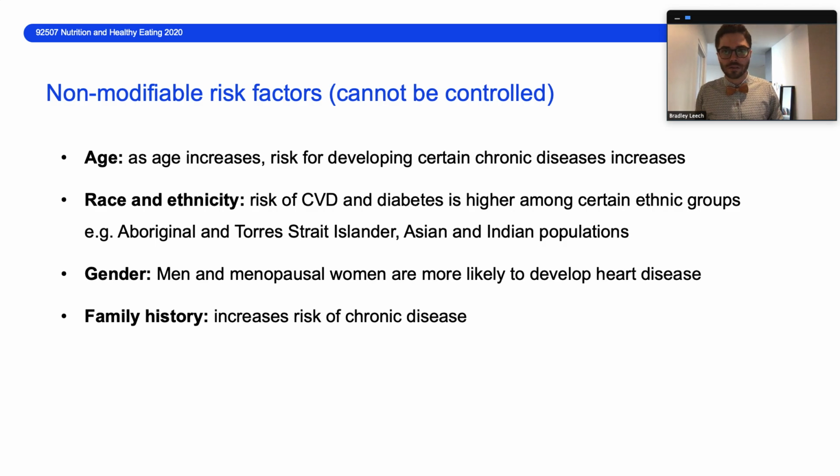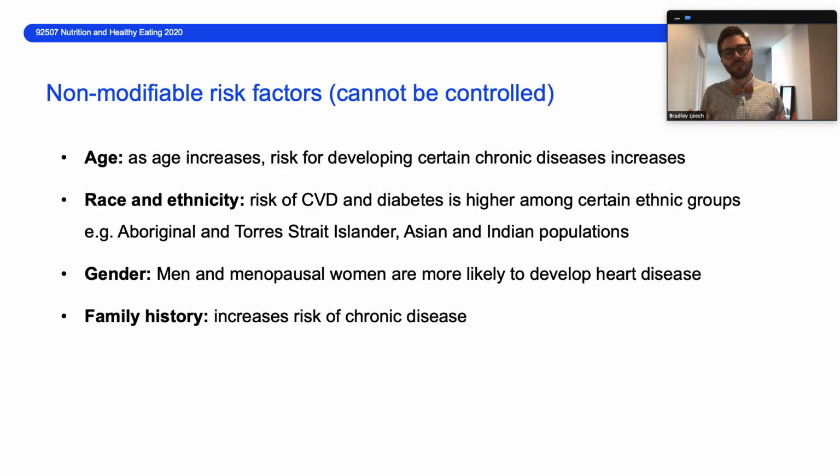Particular race can increase the risk of cardiovascular disease, especially those of Aboriginal or Torres Strait Islander, Asian descent and Indian descent. Gender. One element I'll point out is women are more likely to develop an autoimmune disease than men. Another one is men and menopausal women are more likely to develop heart disease. So that's gender as a non-modifiable risk factor.